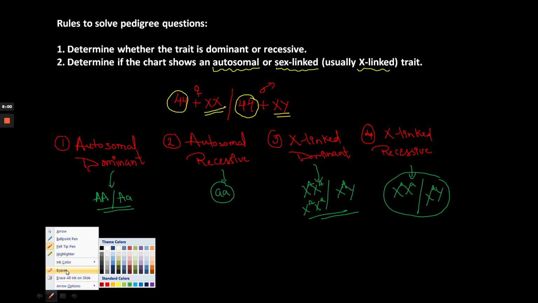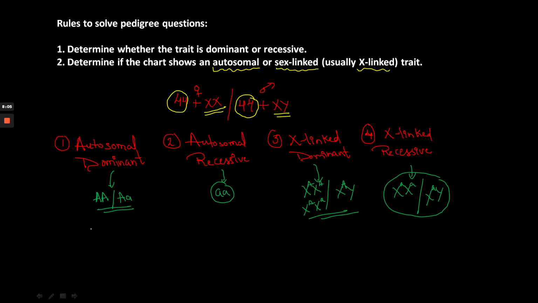Now another thing that you can note here, that will give you a direct idea whether the disease is autosomal recessive, autosomal dominant, X-linked dominant, or X-linked recessive, is this. In the very first case, autosomal dominant, you will be able to see that affected parents can have unaffected children.